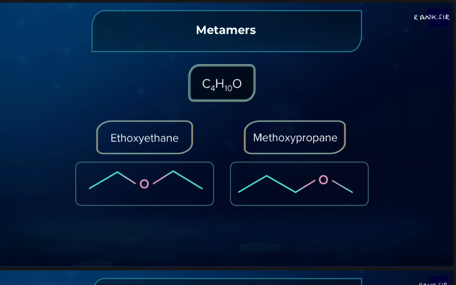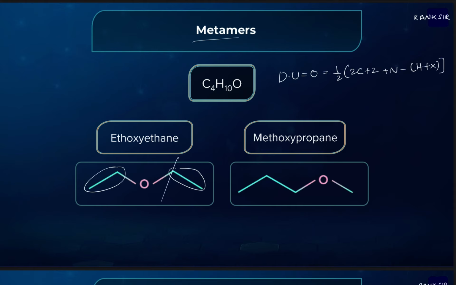Next, an example taken here: C4H10O. If you consider the degree of unsaturation for this, it is 0, because the degree of unsaturation formula is half of 2C plus 2 plus N minus H plus X. Now consider this is ethyl, this is ethyl.